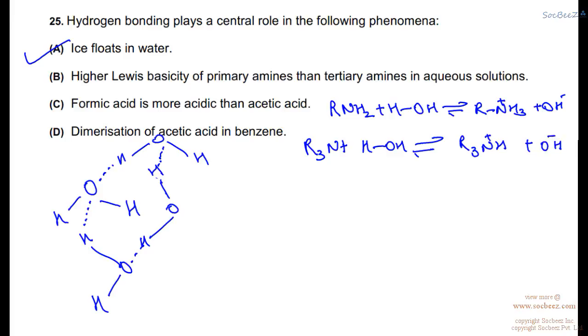Since we know that here in this case, this is R3, it is a lot bulkier. This group is a lot bulkier than this group, and therefore the primary cation is more stabilized through hydrogen bonding than cation 2 because of the bulkiness of this group.